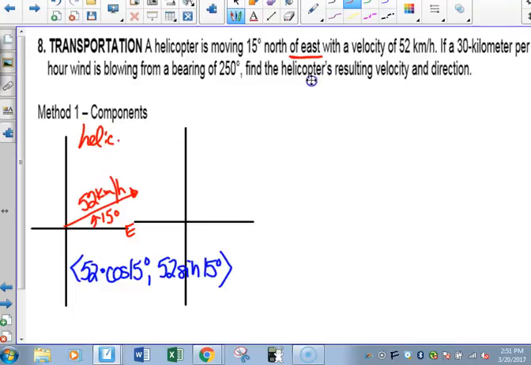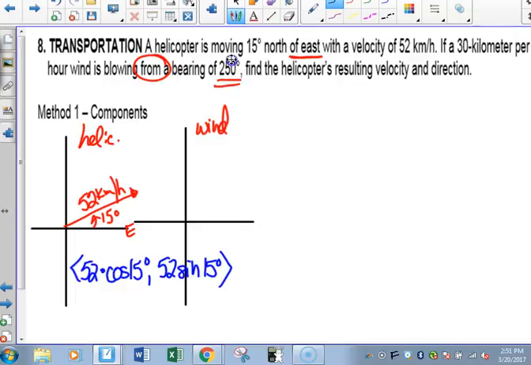The other thing that's happening is the wind is blowing, and I'm going to do this on a separate vector. I'm not going to even try to put them together until we've come up with the components. The wind is 30 kilometers per hour from a bearing of 250. Okay, if you're gone Friday, there's so much going on with that question right there.